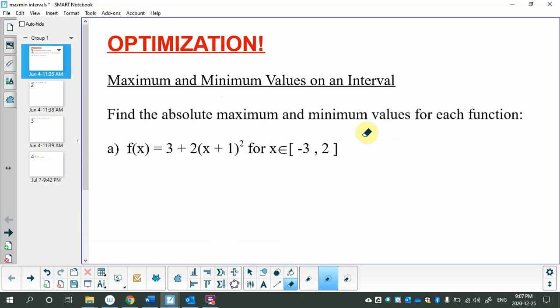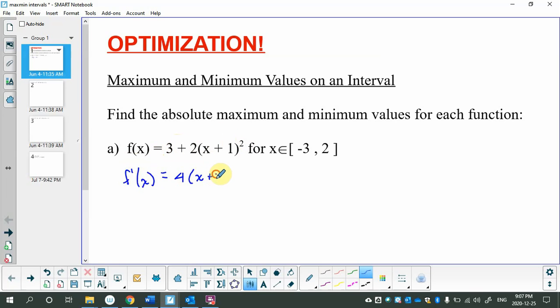Step 1. Take the derivative of the equation that is given to you. So in this particular case, I've given you f of x instead of y. So I'm going to use f prime of x. And if I take the derivative of 3, that's 0. I'm not going to write that down. And this is going to require the power of a function rule. So drop the 2 onto the 2 and multiply.